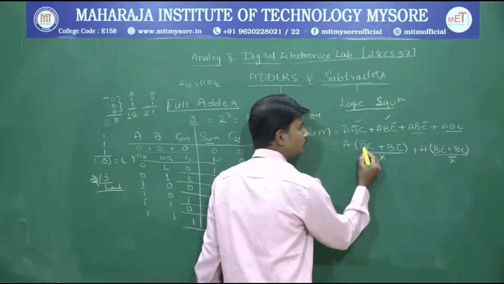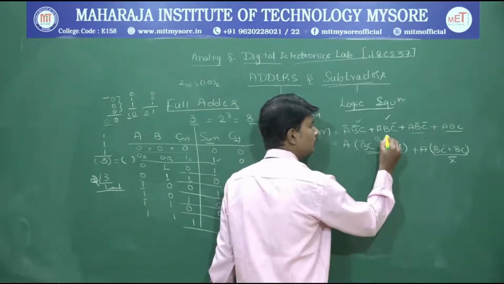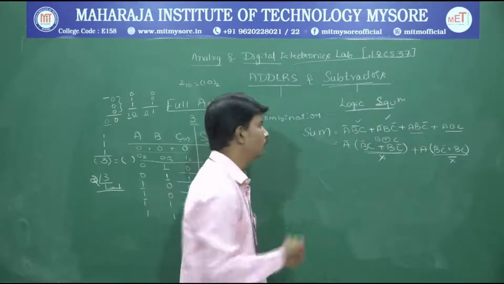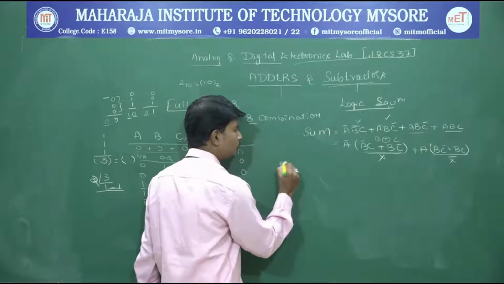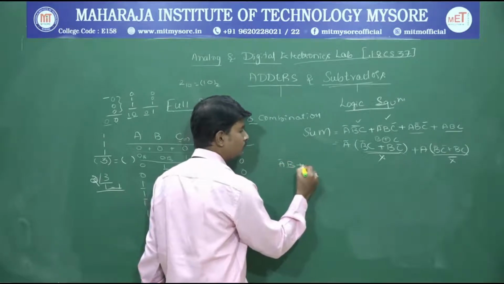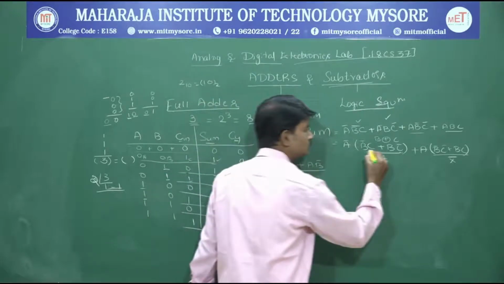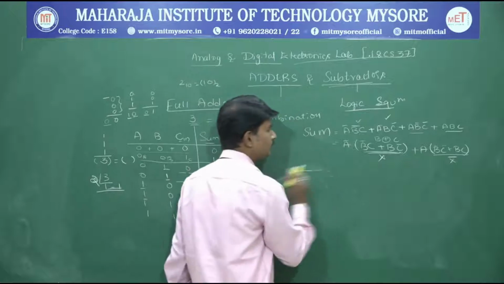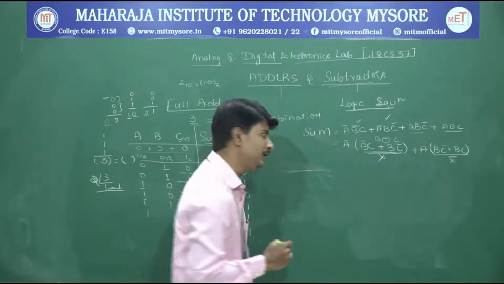Because this B bar C plus BC bar is nothing but B XOR C, as we did in a half adder circuit. We know that the exclusive OR operation ends up with A bar B plus A B bar. It is similar to B bar C plus BC bar. That's why I have replaced this whole thing with B XOR C.